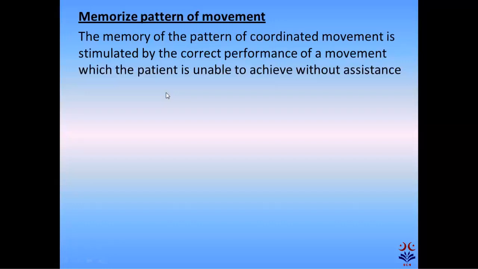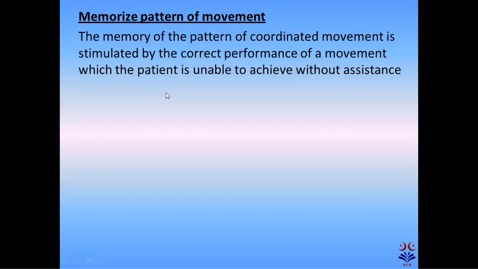When a patient is unable to perform activities in a pattern of movement, and by that time the movement memory has been lost from the nervous system, if we continue exercising that pattern by the use of active assisted exercises, with assistance to the weak muscles, then we can memorize the pattern of movement of that particular part.